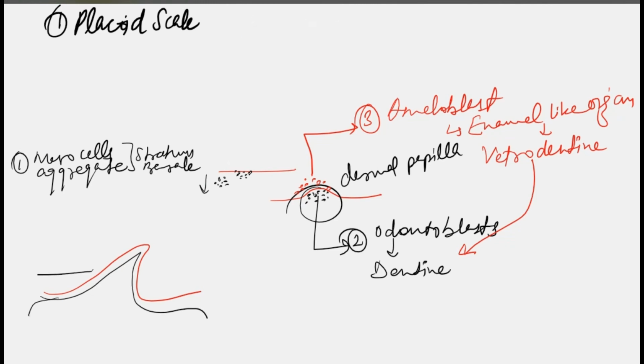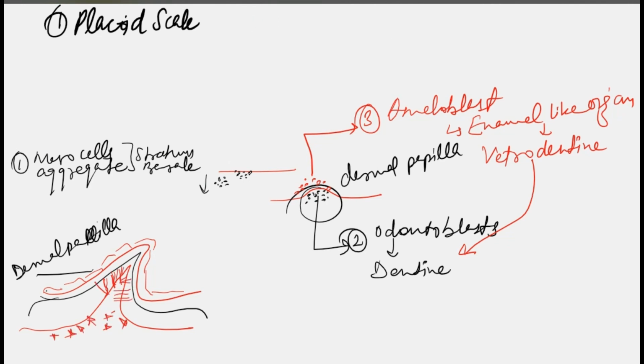This is your dermal papilla. Cells of the stratum basale are still there, because the dentine has not protruded outside the epidermis. A pulp cavity is going to form for the growth of the scale. So these are some blood capillaries. The star-shaped things that I'm making are odontoblasts. They are going to secrete the dentine.